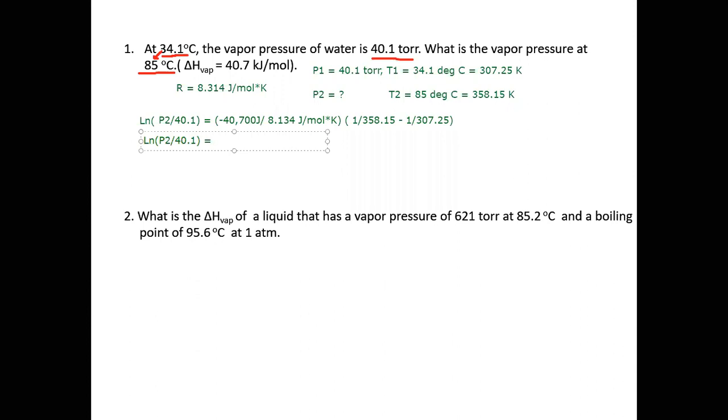So we're going to take six times negative 4.626 e to the negative 4.